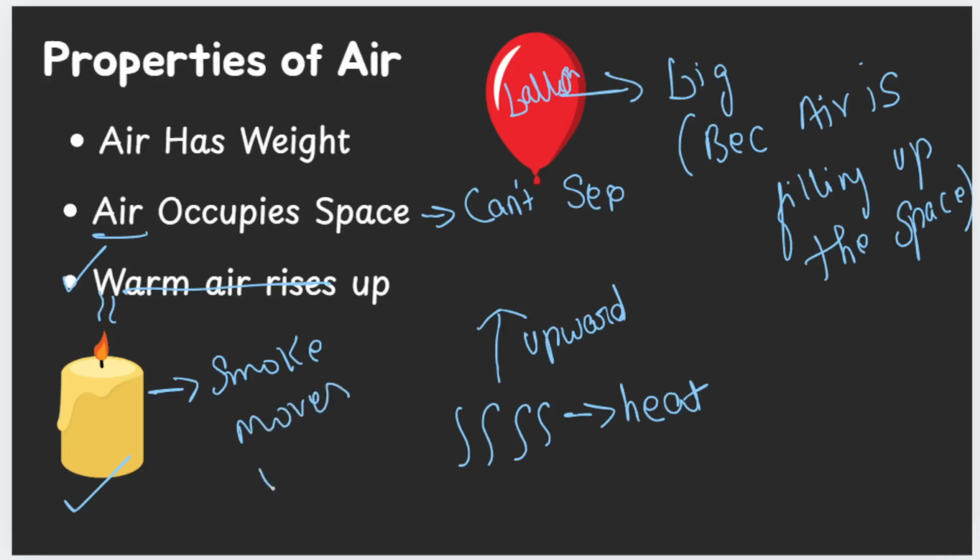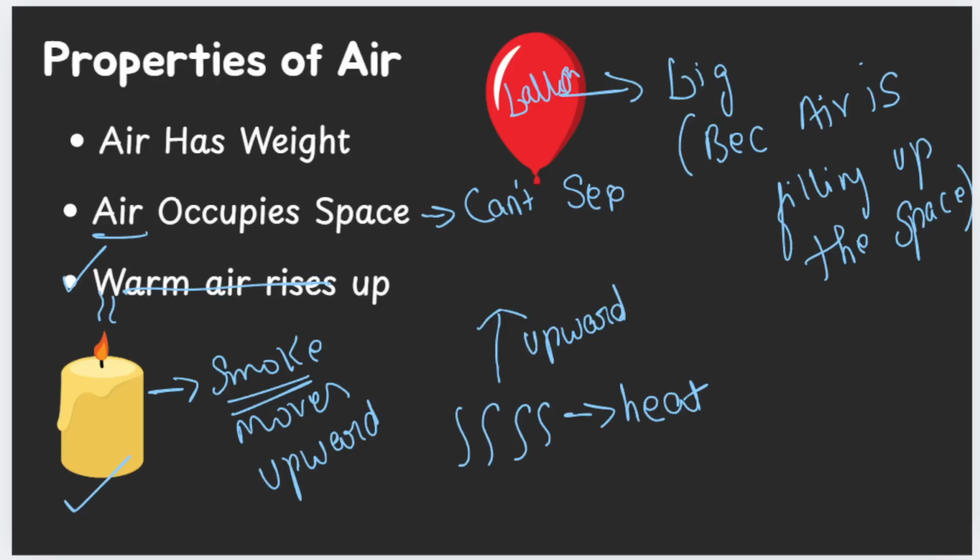This is because when air is heated, it moves up. When you light a candle, you can watch the smoke go upwards. That's called warm air rising up.